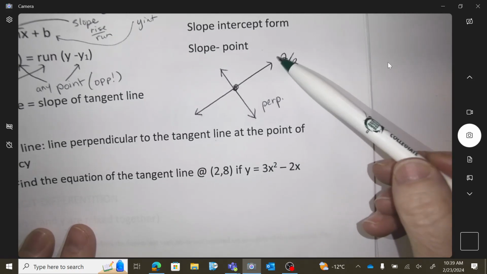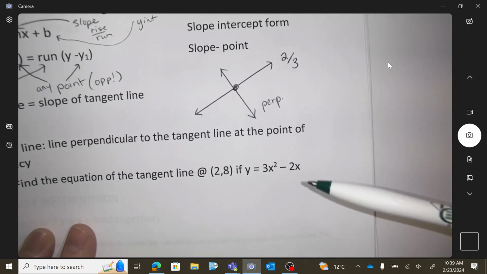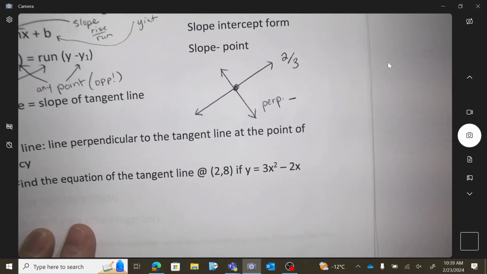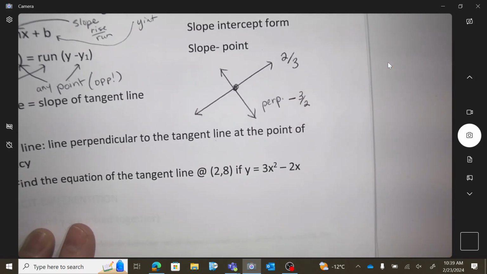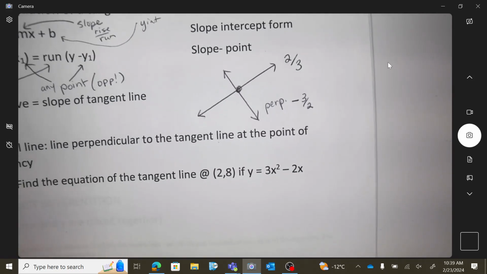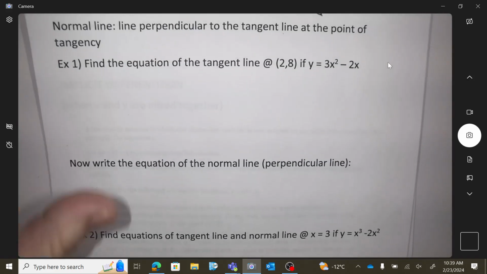Well, this is going uphill and this is going downhill. So one thing I know is that it would have an opposite sign. And then I would flip. Do you remember that rule from grade 10? Perpendicular, negative reciprocal. Okay, now you know how to do it. So let's try some examples.